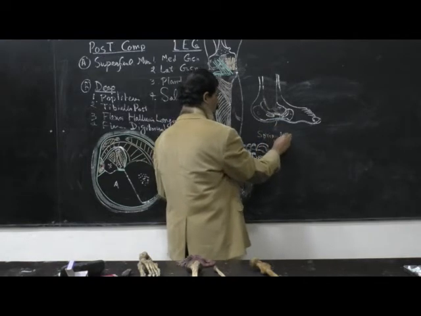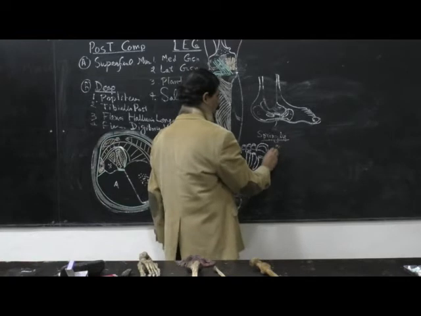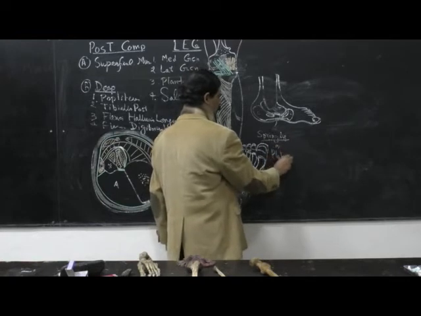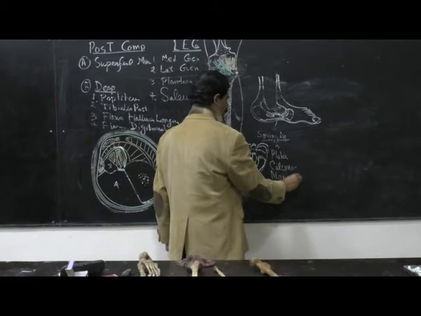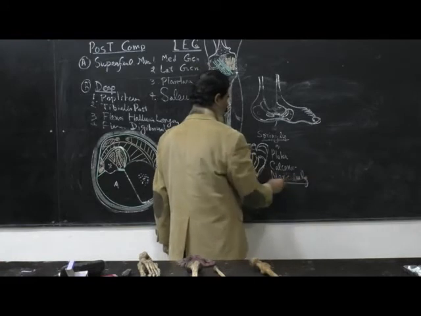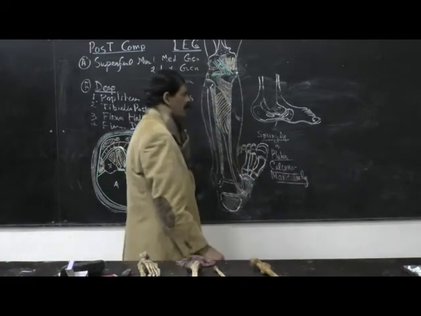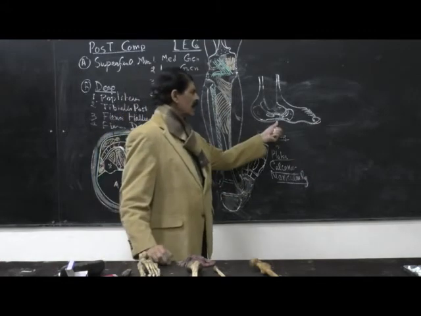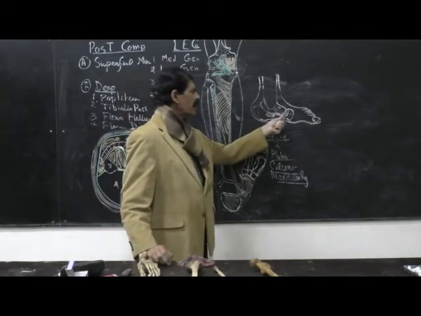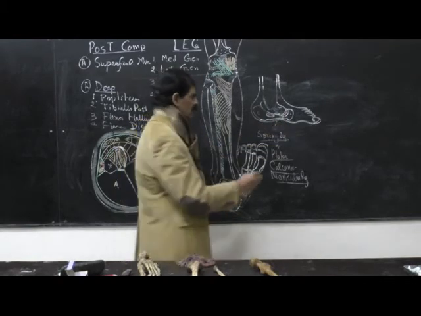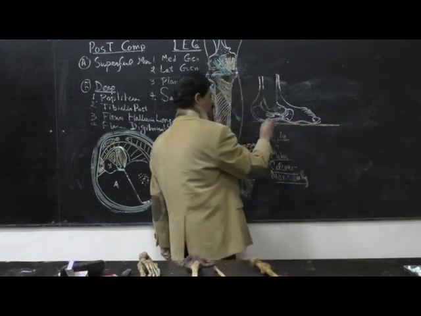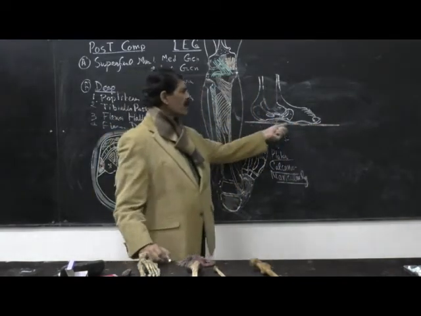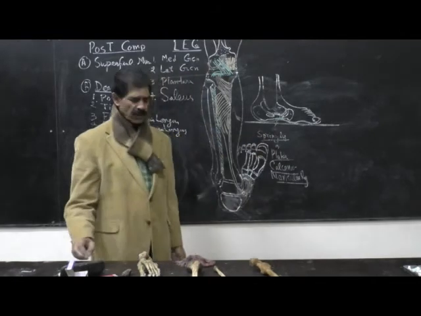The spring ligament is also called the plantar calcaneonavicular ligament. And this spring ligament prevents the head of the talus from touching the ground. It also maintains the medial longitudinal arch of the foot.